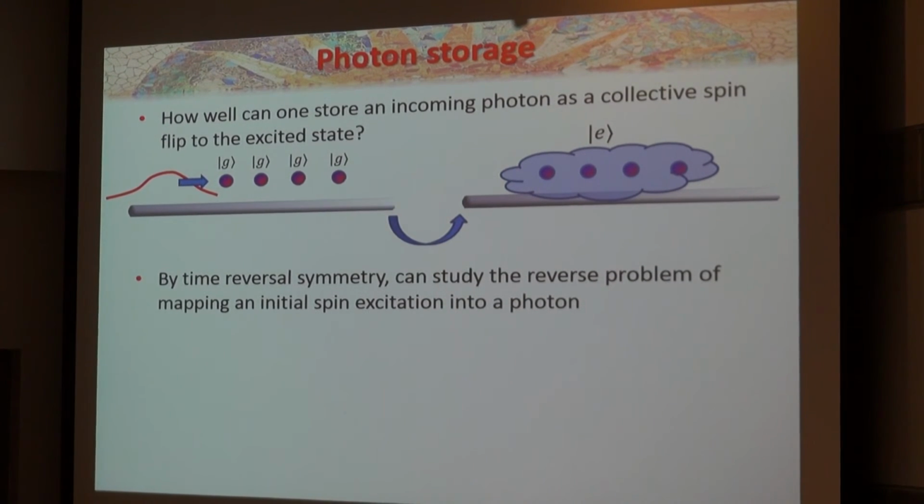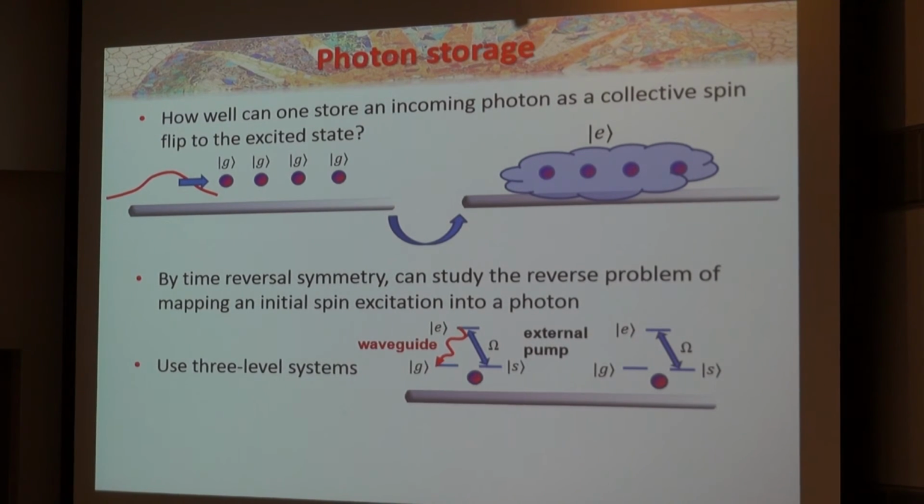It's actually a little bit easier, at least for these purposes, to study the reverse of that. Okay? And the reverse process has to be identical by time reversal symmetry. So instead of studying the storage problem, what I'm going to consider is if I have a collective excitation of one atom being in an excited state, what's the fidelity with which it'll emit a guided photon into the fiber versus free space. So in principle, you can do the calculation for 2-level atoms.